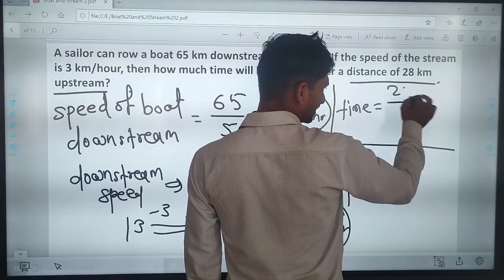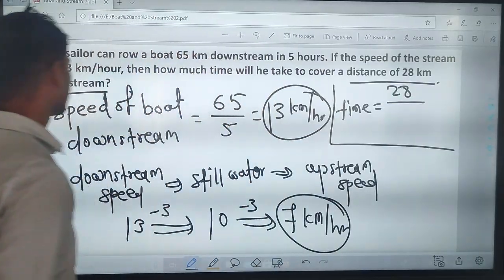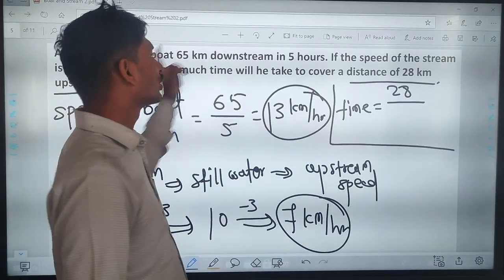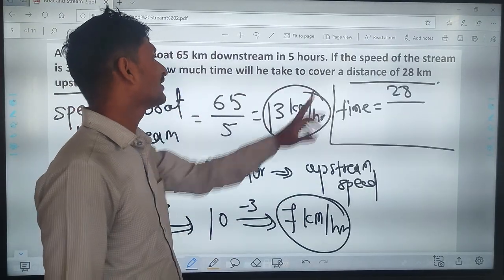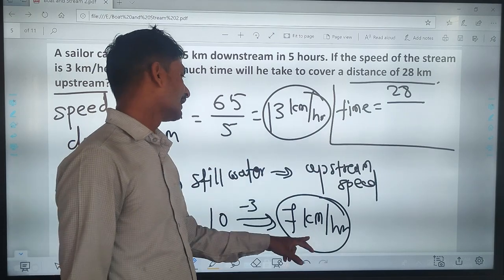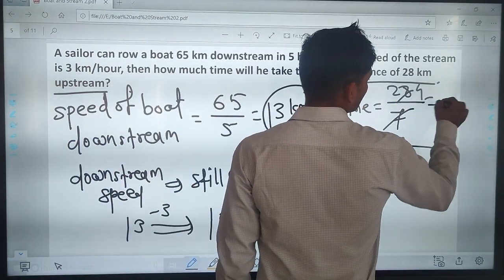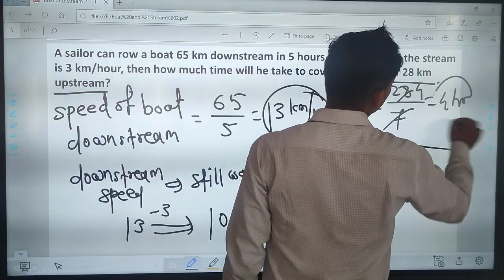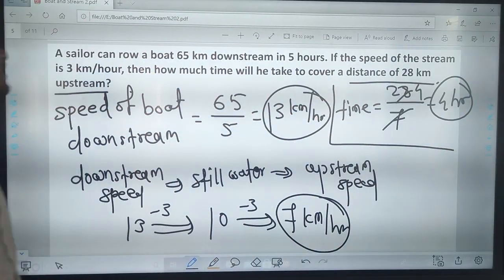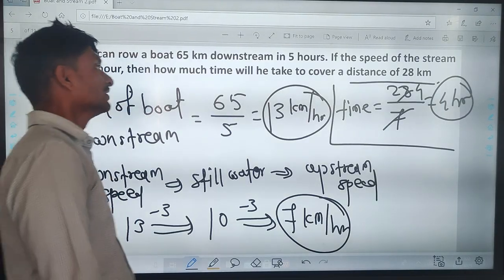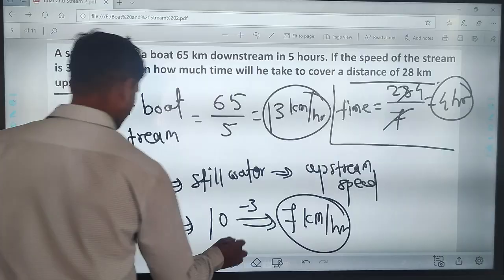Total distance is 28 kilometers and the upstream speed is 7, so we divide total distance by upstream speed. That gives 4 hours. The time required to cover a 28 kilometer distance upstream is 4 hours. Now next.